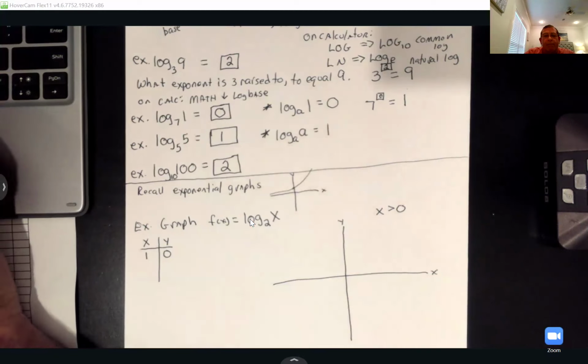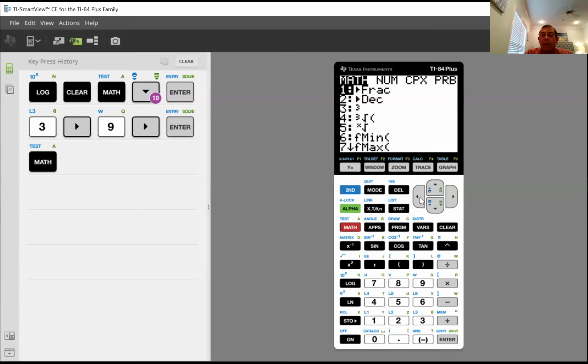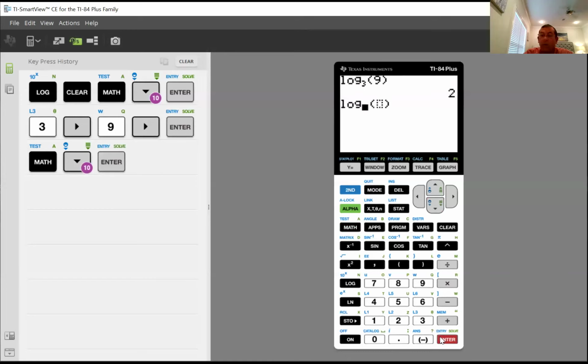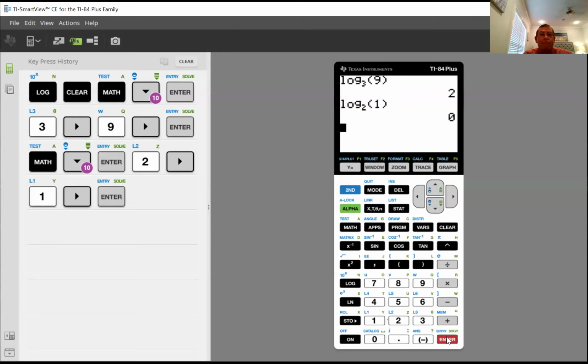Now, let me show you how I'll punch that in just to get the value. So on my calculator, I would hit my math, go down and grab that log base, enter. My base was the 2, and then you arrow right and put in your 1. So at that point, watch, it will give me a 0.